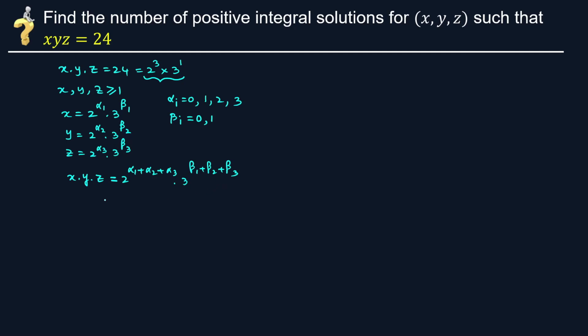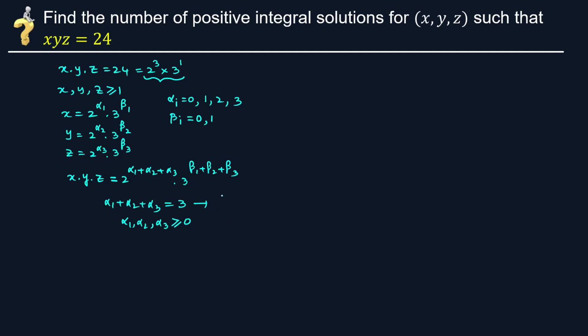So now, in this case, alpha 1 plus alpha 2 plus alpha 3 can be equal to 3, because there are only three 2s available. So you have to distribute these three 2s among x, y and z. In how many different ways can we do this? Remember, alpha 1, alpha 2, alpha 3 are all greater than or equal to 0. So you are finding the non-negative integral solutions for alpha 1, alpha 2 and alpha 3.